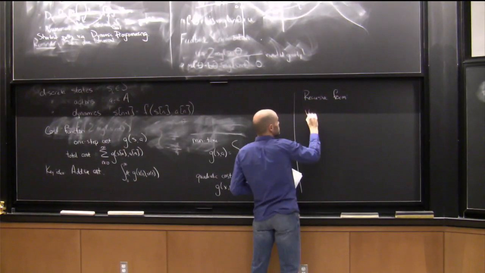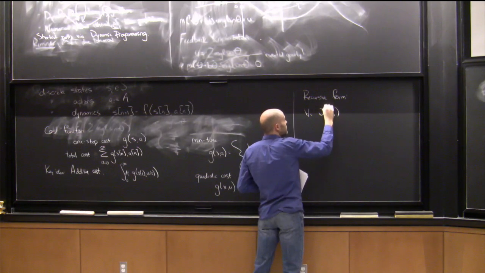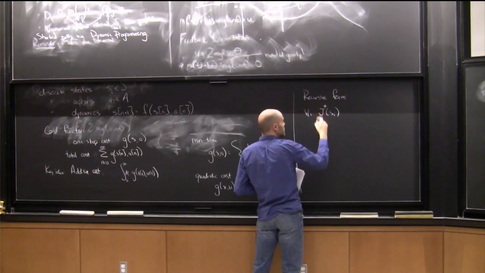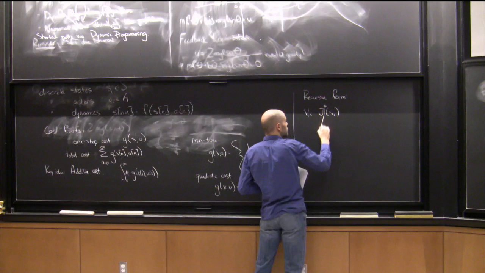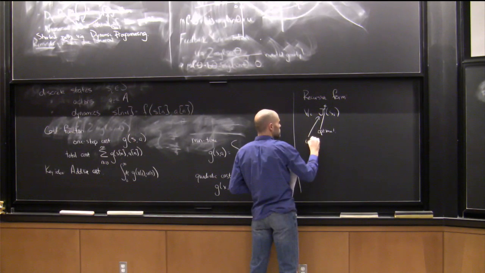So for all i, let me say J star of s_i. I'll call it the optimal J, and this is the cost to go.